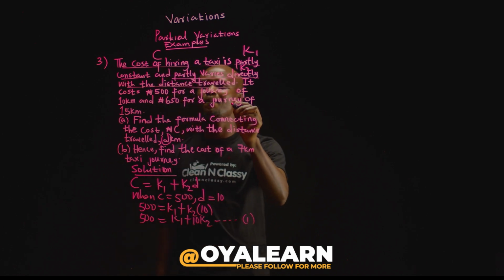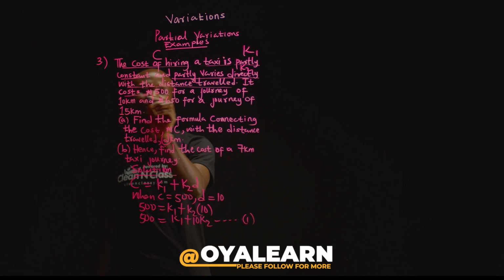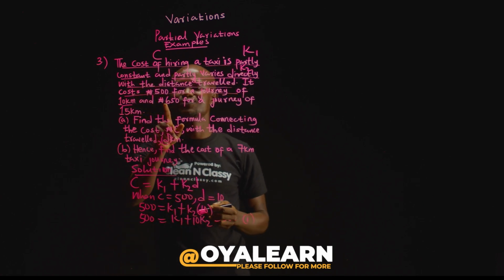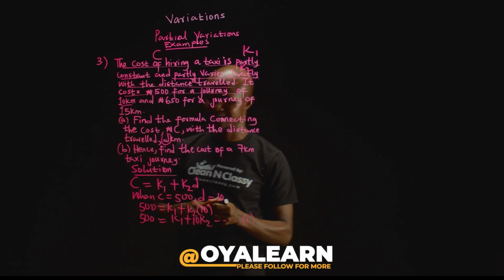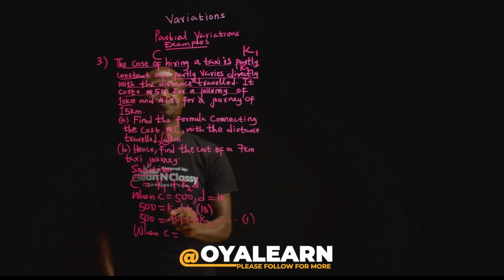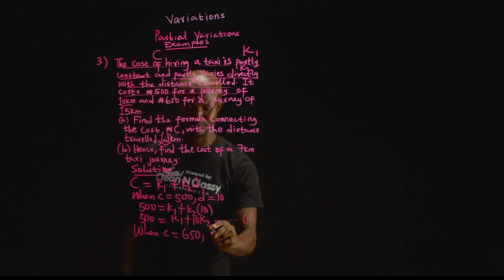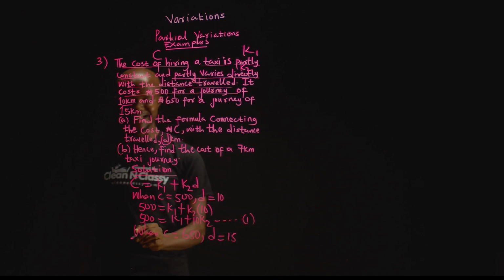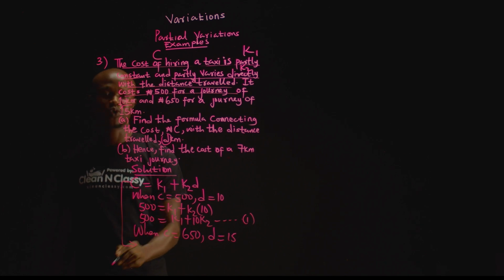Now we consider the second part of the second statement: 650 for a journey of 15 kilometers. And what does that mean? It means when C equals 650, D equals 15. So in that case, we go back to the main equation.